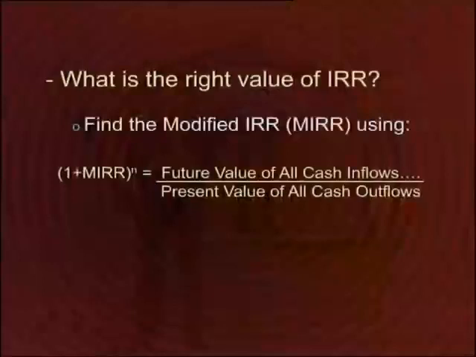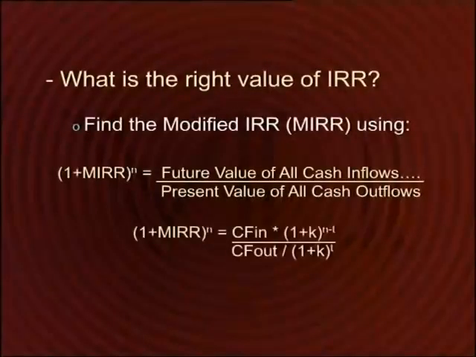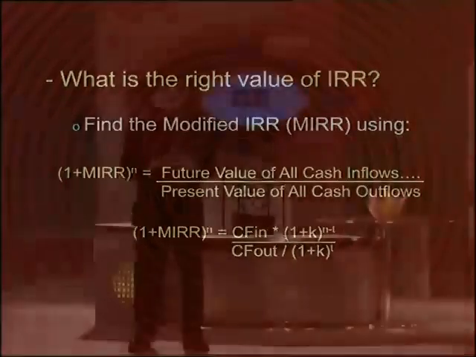So to be more specific then, the MIRR is equal to the sum of the cash inflows multiplied by 1 plus the discount rate k raised to the power t, all divided by the sum of the cash outflows divided by 1 plus the discount rate k raised to the power t.